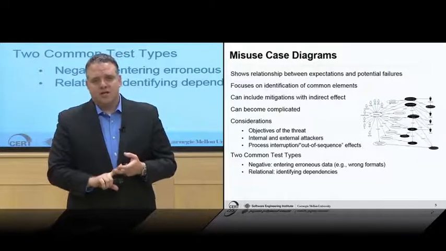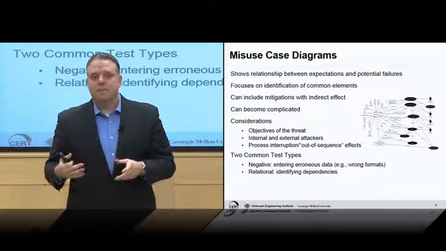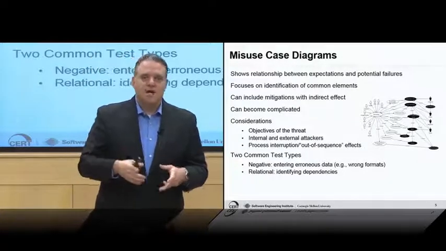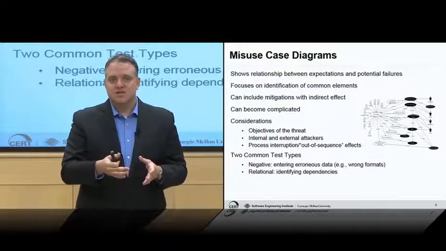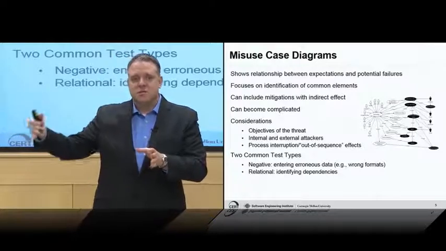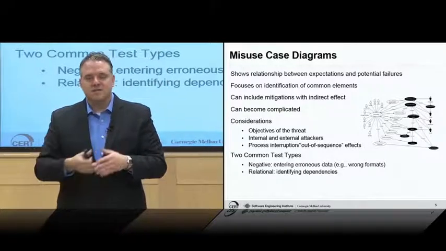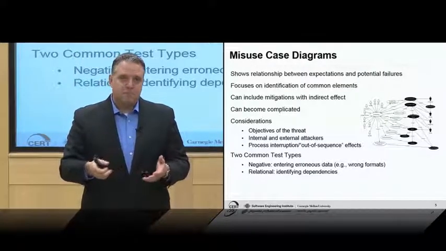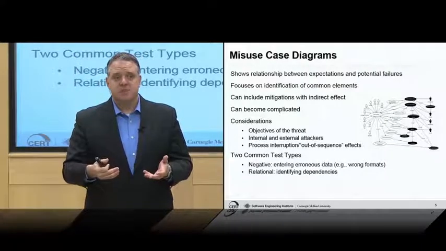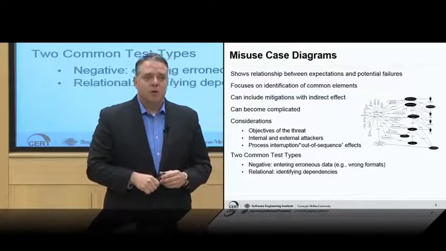What kind of internal and external attackers would my application face? What kind of effects or interruptions could my application see that would cause downstream security effects? It's the same sort of process that you use for risk management and brainstorming the realm of the possible in terms of how things can go wrong.